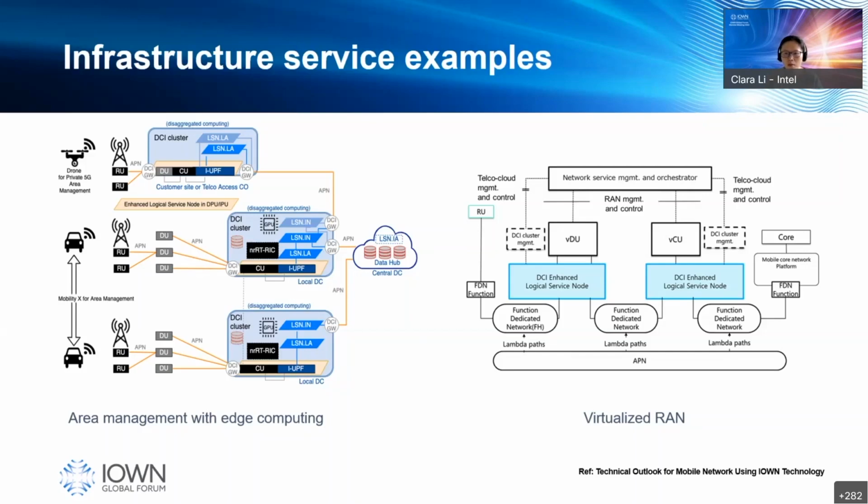Another example is the virtualized RAN system, where the DCI is providing the underlying communication computing infrastructure, and on top, the LSNs can be formed to host the virtual DUs and virtual CUs. Those are two examples the IOWN GF has been working on, and moving forward, there will be more use cases and examples developed based on DCI.